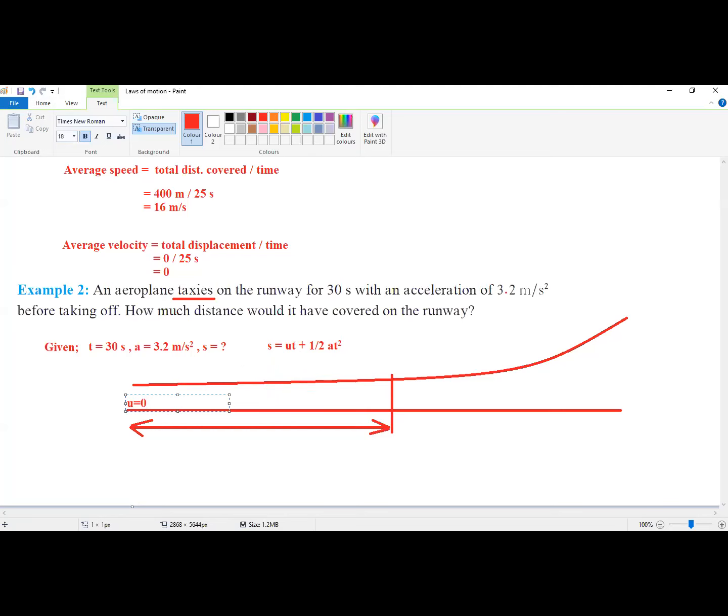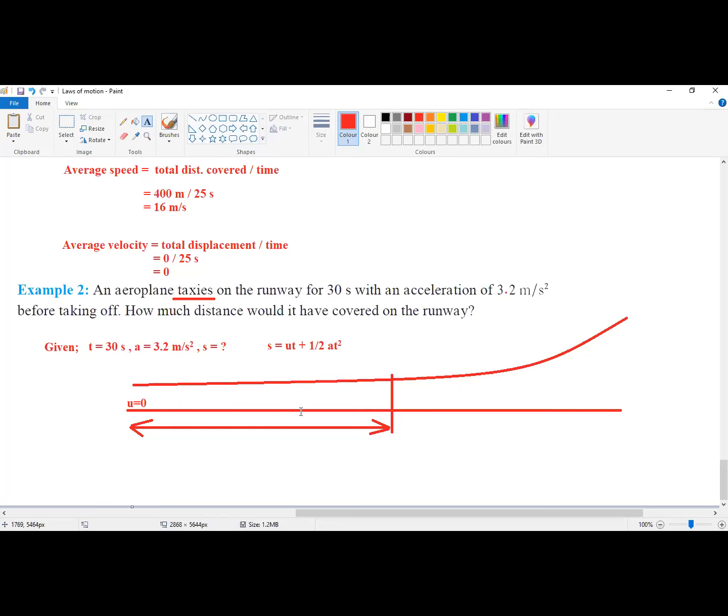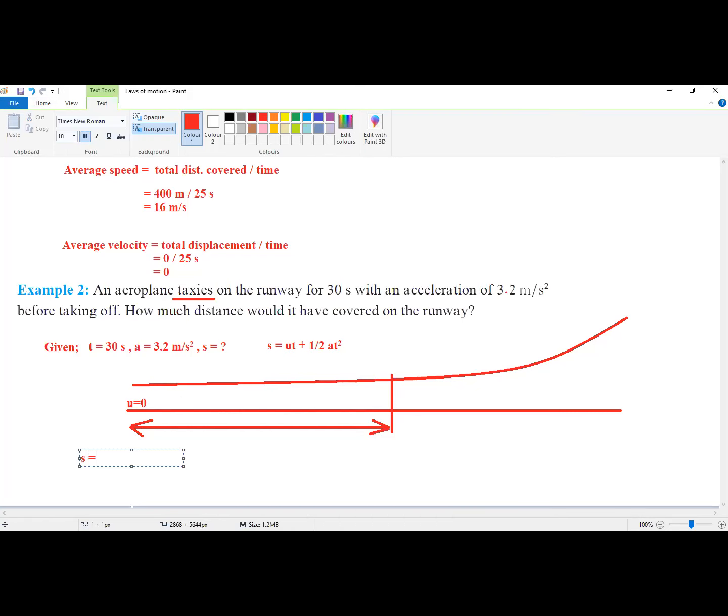So we can use the second equation of motion to find the total distance covered by the aeroplane. s is equal to ut plus 1 half at square. Now as u is equal to 0, the first term vanishes. So only 1 half at square remains, so s is equal to 1 half at square.